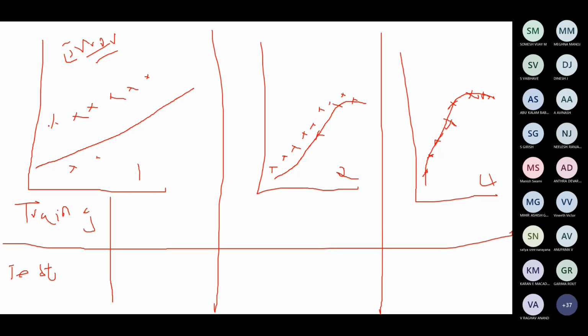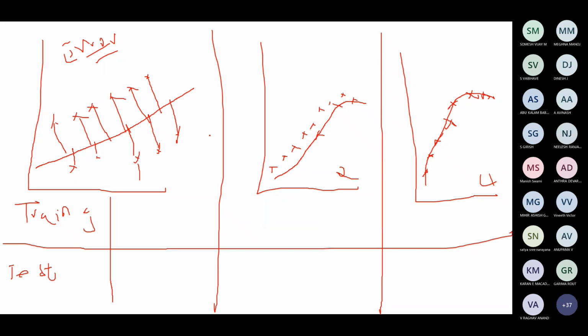Yes or no? Can you see? There are so many errors over here. Can you see the differences? Yes, sir. The errors are very high. Where is the line? A best fit line I have drawn, but the errors are very high.